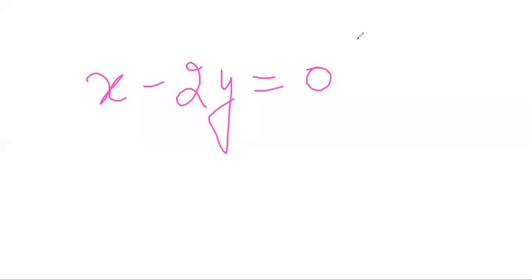Here, now we got the equation x minus 2y equal to 0. So here, x के आगे वेरिएबल sorry coefficient क्या हुआ 1. So a is equal to 1 here.